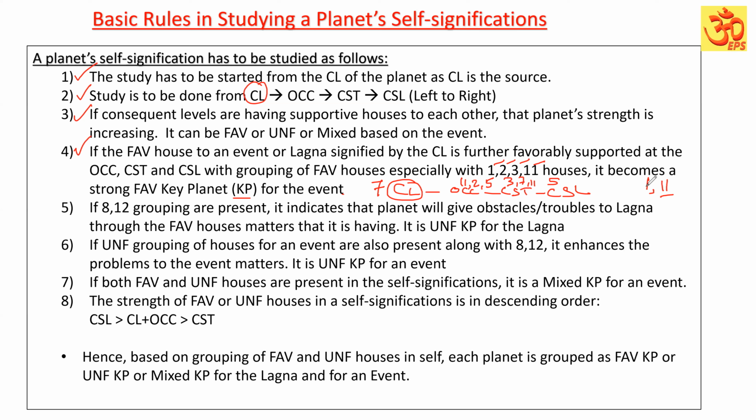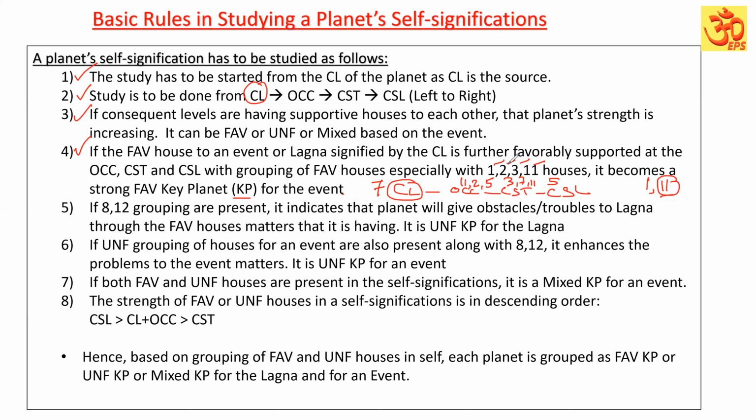Lagna can experience both favorable and unfavorable houses. So the role of Lagna is always important, whether it is playing along with the other favorable houses, especially the 11th house, because the 11th house is the house of satisfaction, a house of success, or it gives profit, depending on the event.